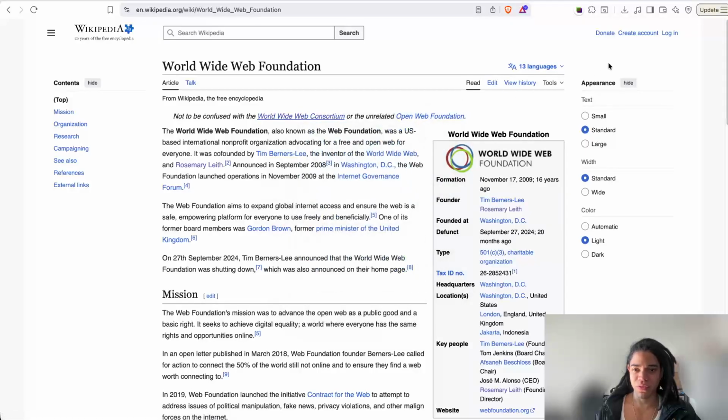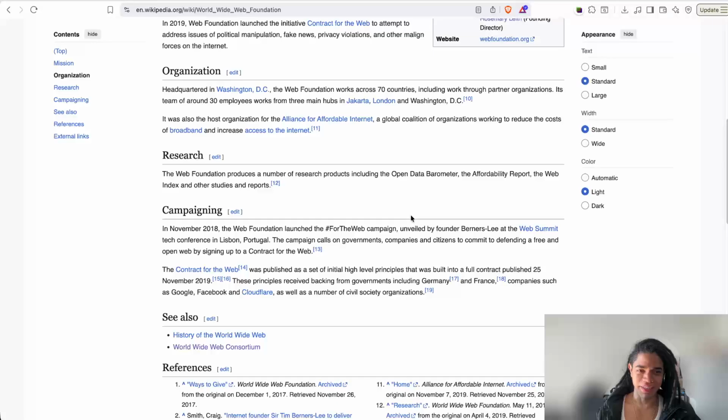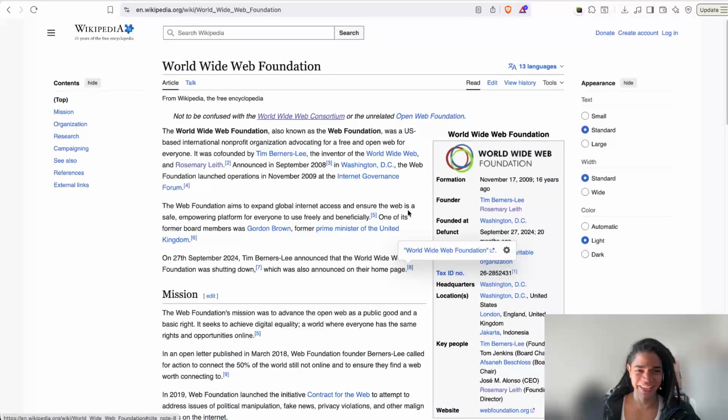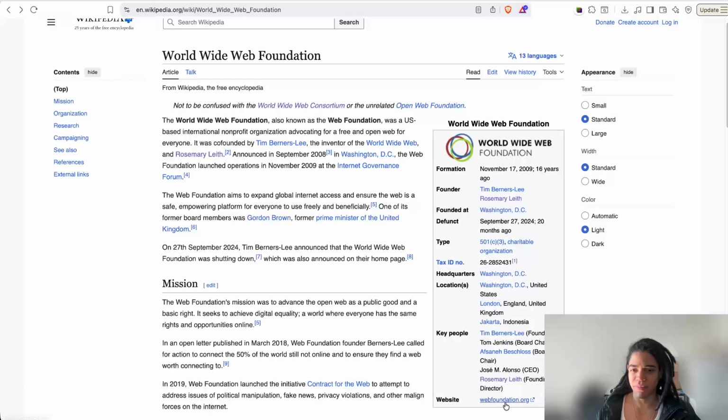The consortium was founded in 19... Interesting. But this is for charity and stuff like that. Tim Berners-Lee, and you get the idea behind that. That's interesting. So the Web Foundation here.